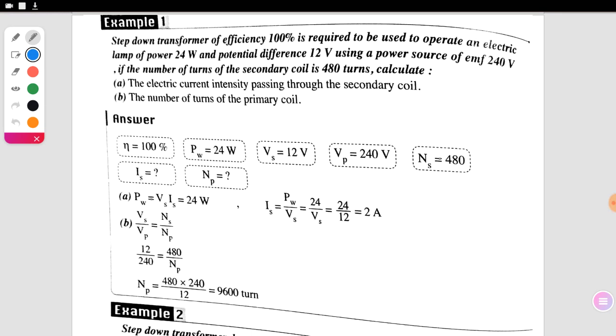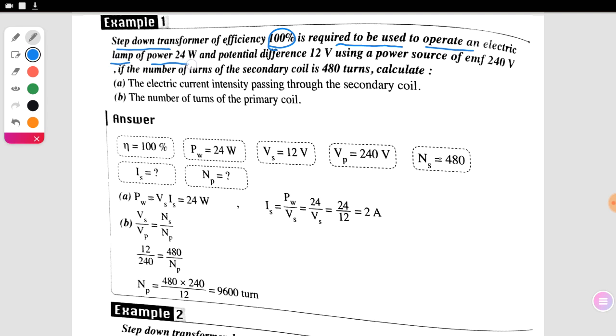Now we study some problems about the electric transformer. If you have a step-down transformer of efficiency 100%, this means that this is an ideal transformer, which is required to be used to operate an electric lamp.